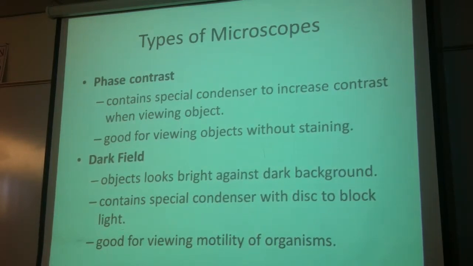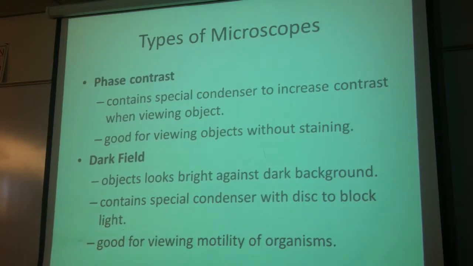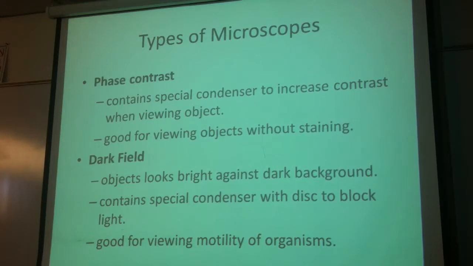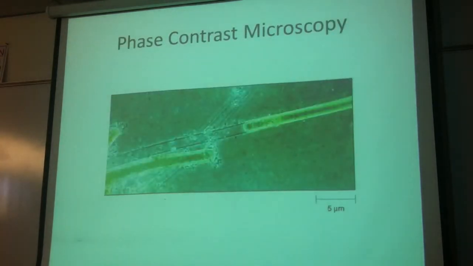Sometimes those organisms are pretty hard to see, especially when they're swimming, and if you can really up that contrast, it's a lot easier to track them. So here's an example of phase microscopy. It's great for examining living organisms, something that would be damaged or altered by putting them on a slide and staining them.